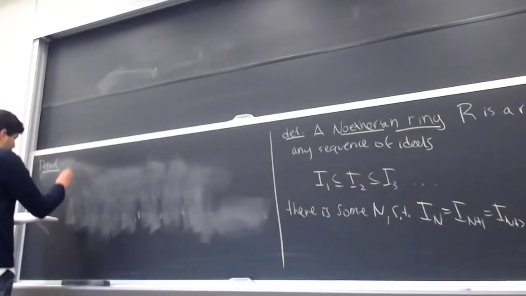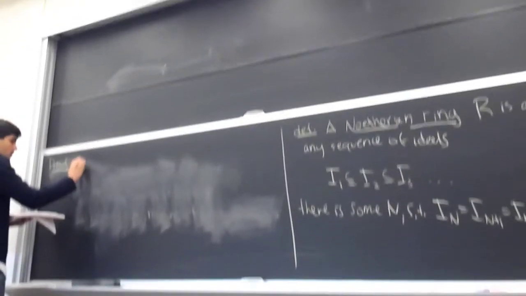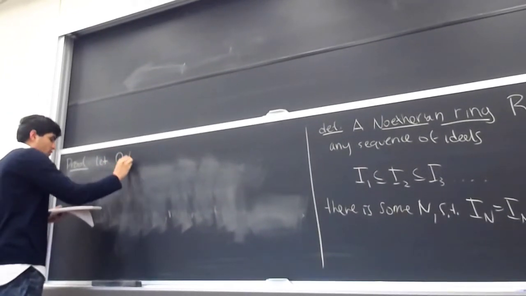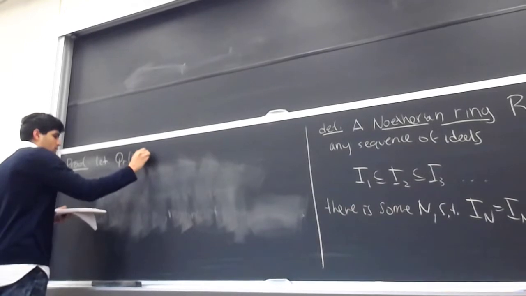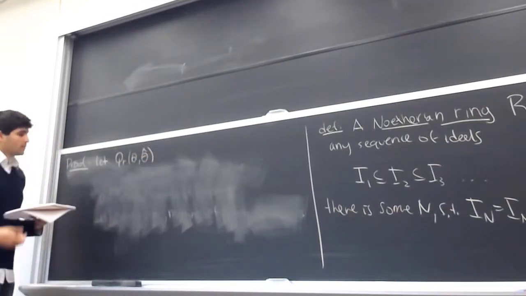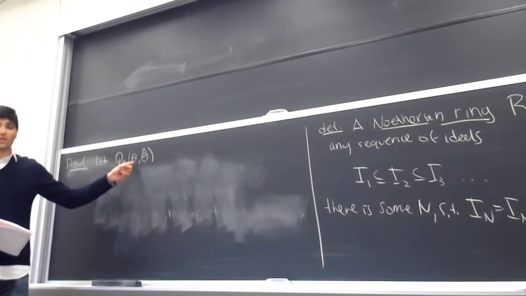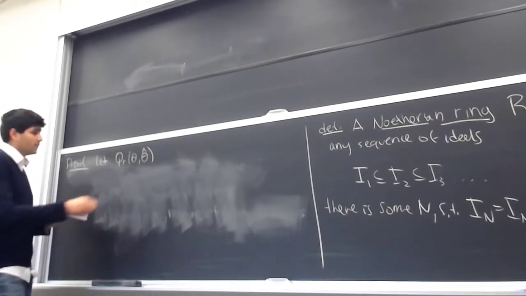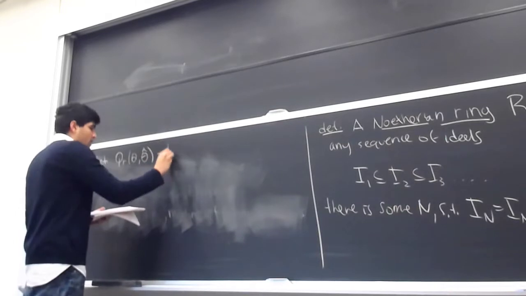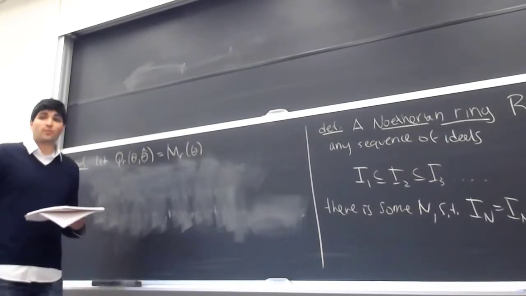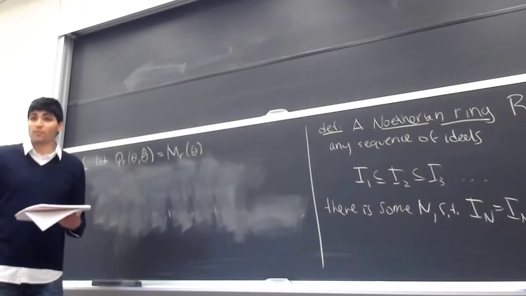So let's prove that. Very short proof. I'm going to define, this is the one trick, some polynomial Q_r, which will be a polynomial in the parameters in theta and the parameters in theta hat. All it will be is you take the polynomial of theta. So if the parameters were theta, what would the rth moment be?